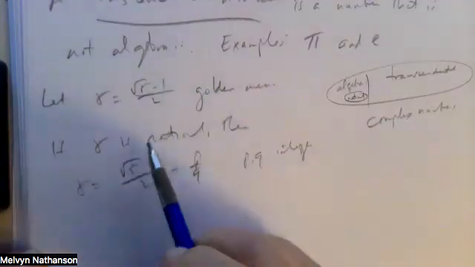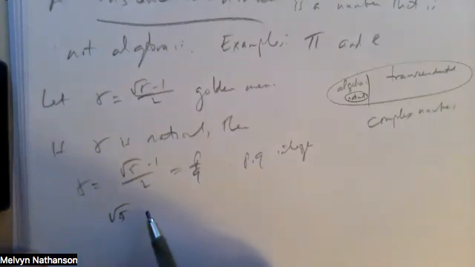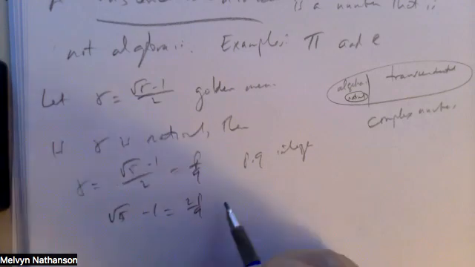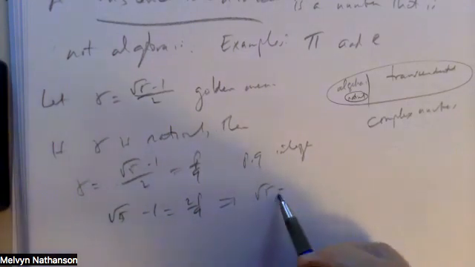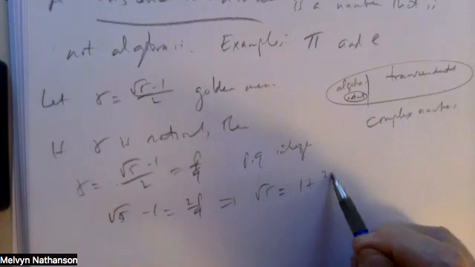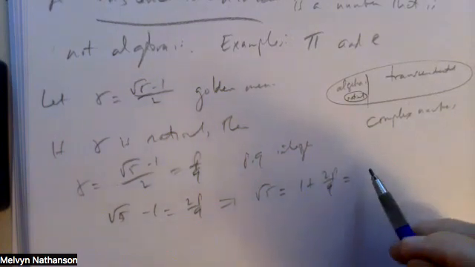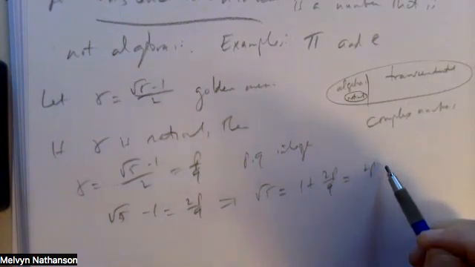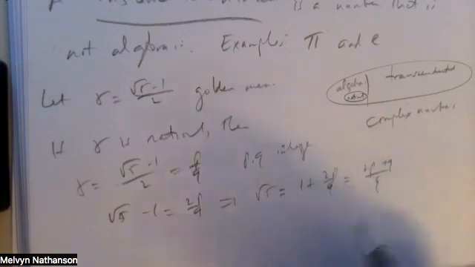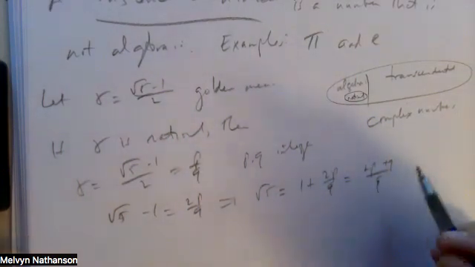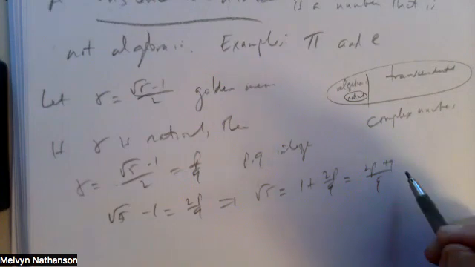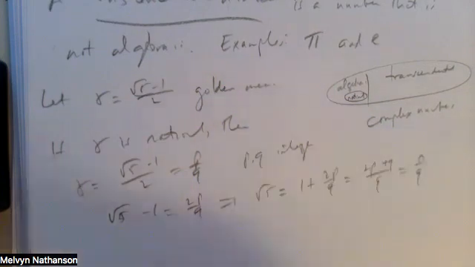Right? If the number is rational, it's a fraction. So square root of 5 minus 1 is 2p over q. So square root of 5 is 1 plus 2p over q, which is 2p plus q over q. It's a fraction. Let me just write this as r over q.